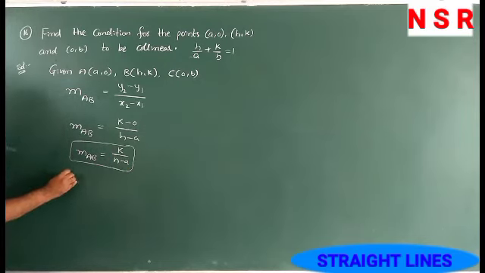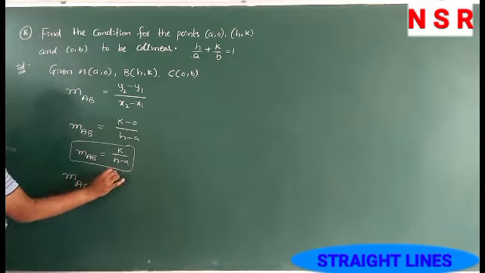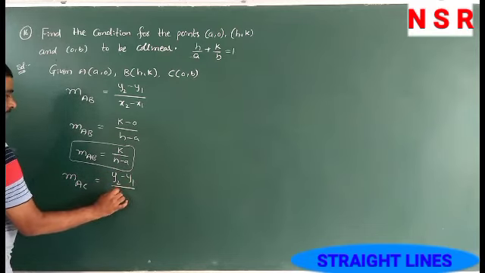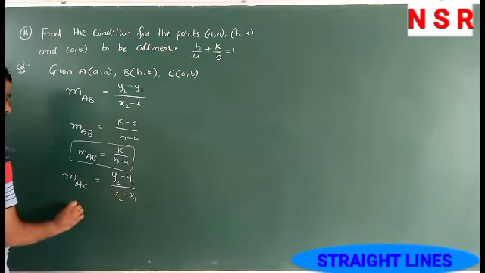Next find the slope of AC, (y2 - y1)/(x2 - x1).